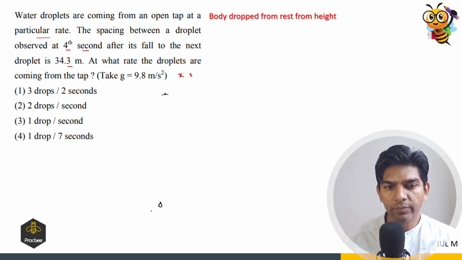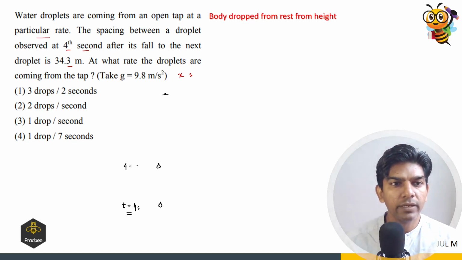Let's say this is the droplet which is coming out from the tap, and this is the location of the tap, right? So this will be t equals 4 seconds, and the next drop is this one, right? And so after 4 seconds, this will be 4 minus x seconds.